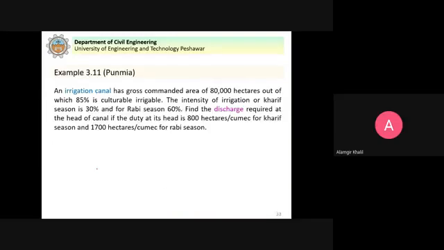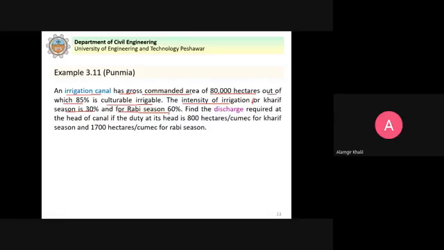Let us try to solve another problem. We have an irrigation canal that has a gross commanded area of 80,000 hectares, out of which 85% is culturable irrigable. The intensity of irrigation for Kharif season is 30% and for Rabi season is 60%.